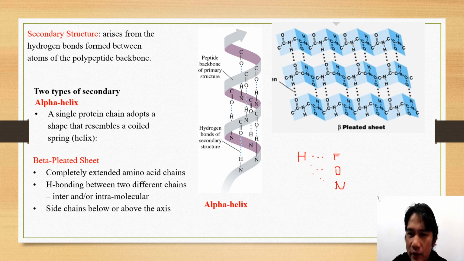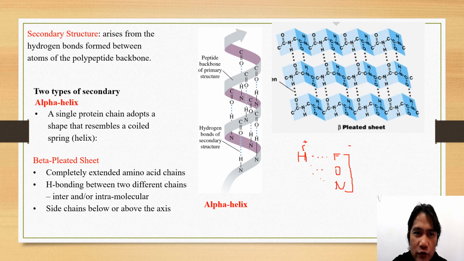Hydrogen bonding is a force, an attraction that takes place between a partially positive atom, hydrogen, and these atoms here, which are partially negative. So that's why there's an electrostatic attraction between the partially positive hydrogen and these atoms, which are partially negative. We know that these atoms are electronegative atoms.